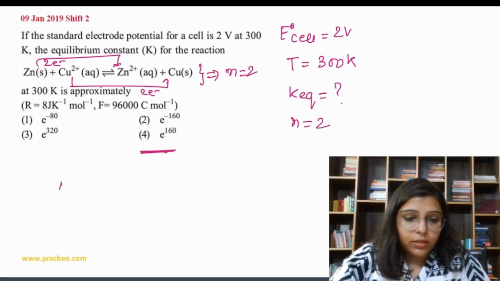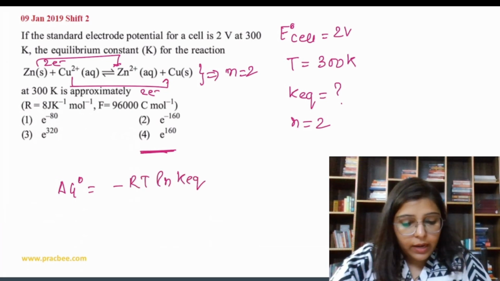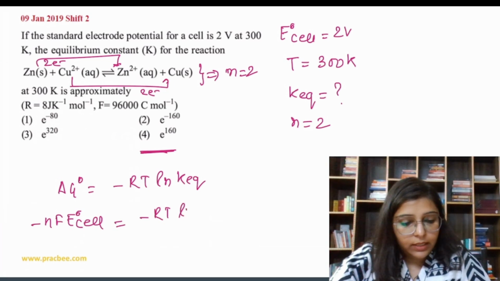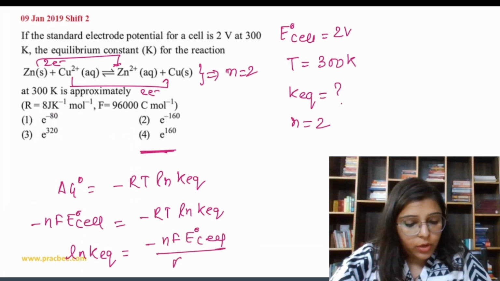So what is delta G naught? Delta G naught is minus RT ln K equilibrium, and delta G naught I can also write as minus nF E naught cell. So minus nF E naught cell equals minus RT ln K equilibrium. So ln K equilibrium is going to be nF E naught cell upon RT.